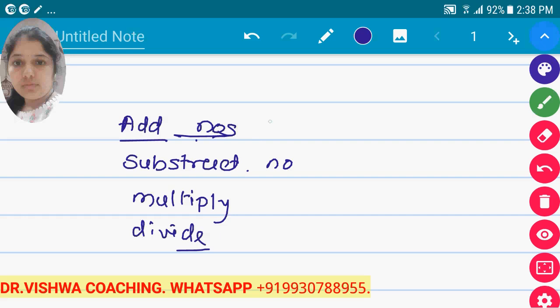When we add numbers, the figure or the number increases. Subtraction, multiplication, division, you all know about the different operations on the numbers.